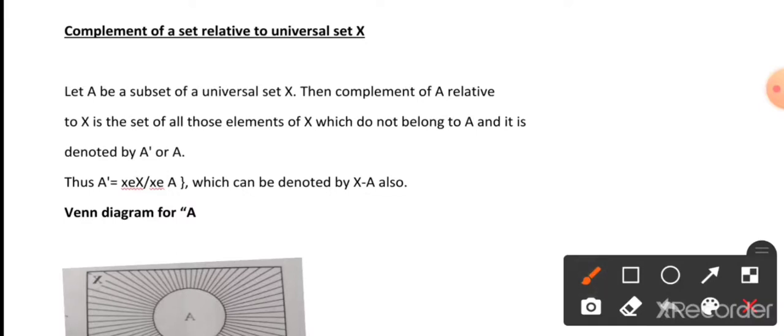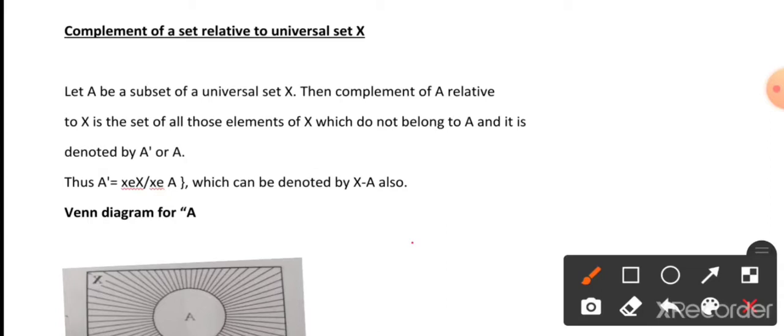So A dash equals the set of x such that x belongs to X but not to A, meaning all elements of X remaining after A. This can also be written as X minus A.